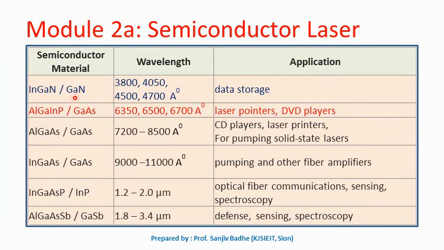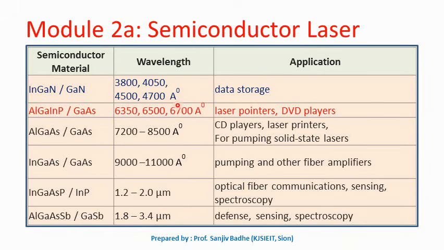These are the semiconductor materials which can be used for construction of a semiconductor laser: indium gallium nitride or gallium nitride. With these materials we can get wavelengths of 3800 angstroms, 4050 angstroms, 4500 or 4700 angstroms.